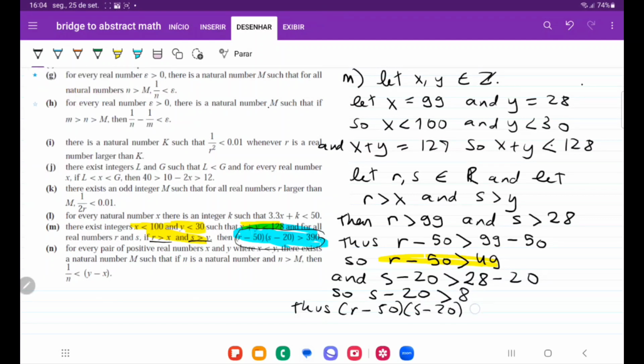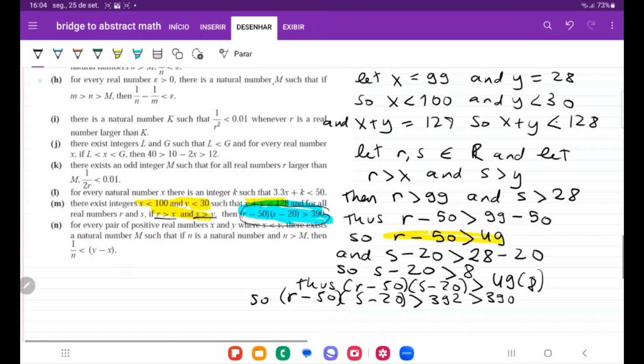And this is going to be greater than 49 times 8. So r minus 50 times s minus 20 is going to be greater than, let's see, 49 times 8 is 392, which is greater than 390.